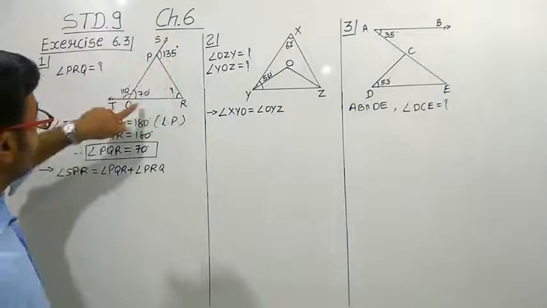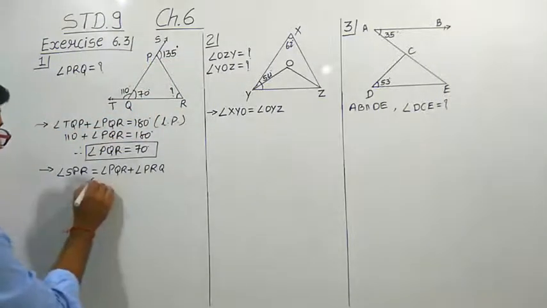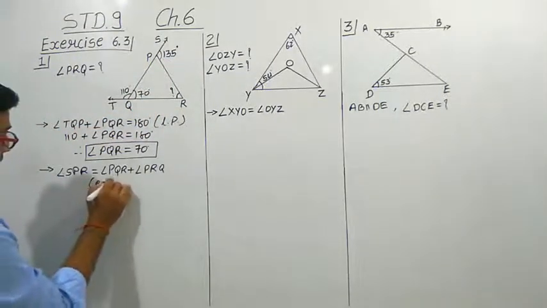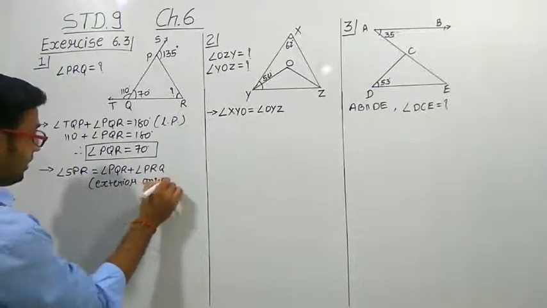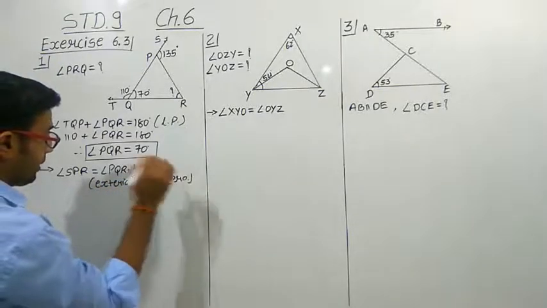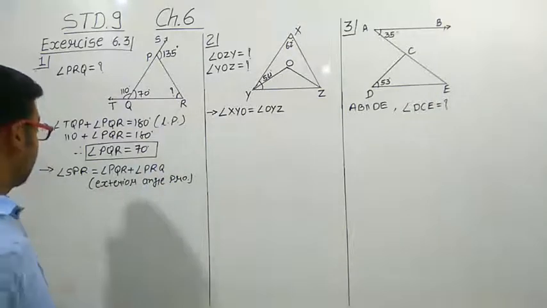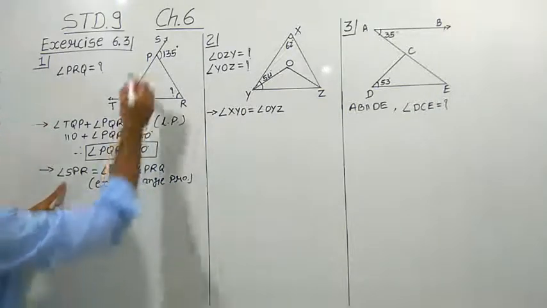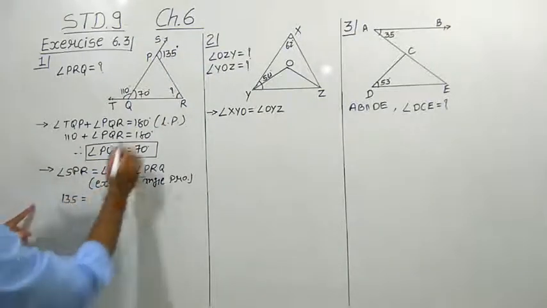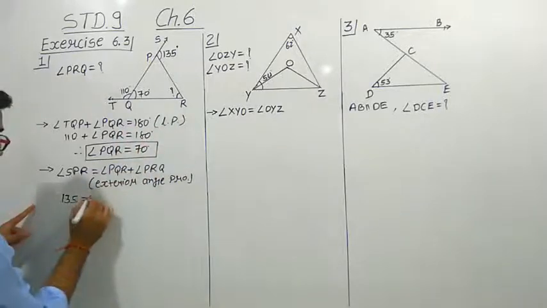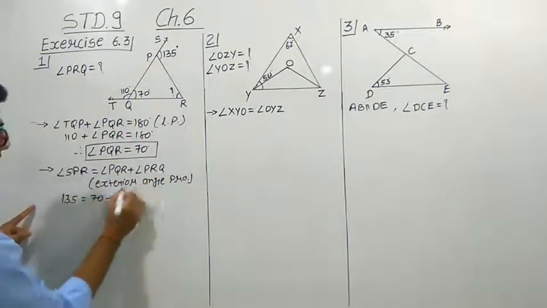So it is equal to the addition of these two angles. This we write according to the exterior angle property. So angle SPR we have as 135, and angle PQR we have already found, that is 70 degrees, plus this angle PRQ which we have to find.